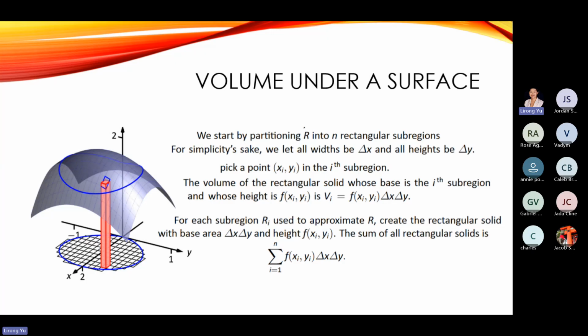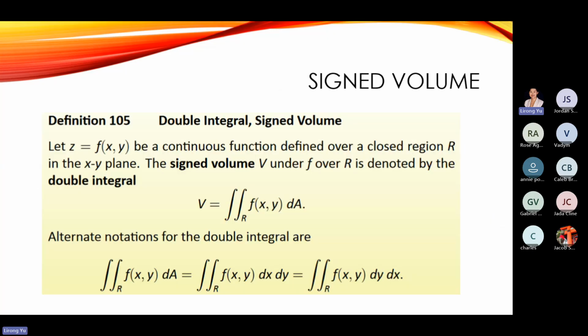As the partition gets more and more dense, the summation becomes more accurate. The limit of that would be our volume calculation. We can use the double integral to calculate the volume under the surface z equal to f of x, y.